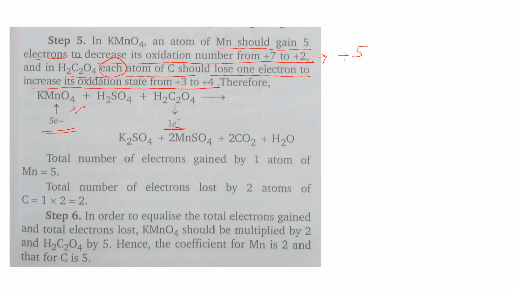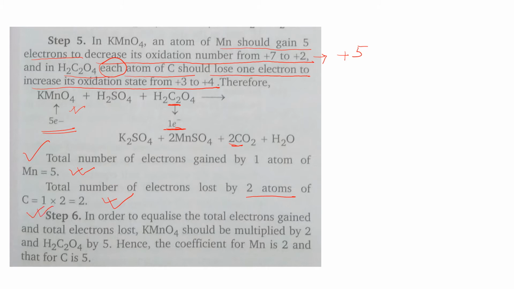So the total number of electrons gained by 1 atom of manganese is 5. The total number of electrons lost by 2 atoms of carbon is 2, because we are having C2, and we have balanced this side also, 2C. So we have to take it as 2. Am I clear?